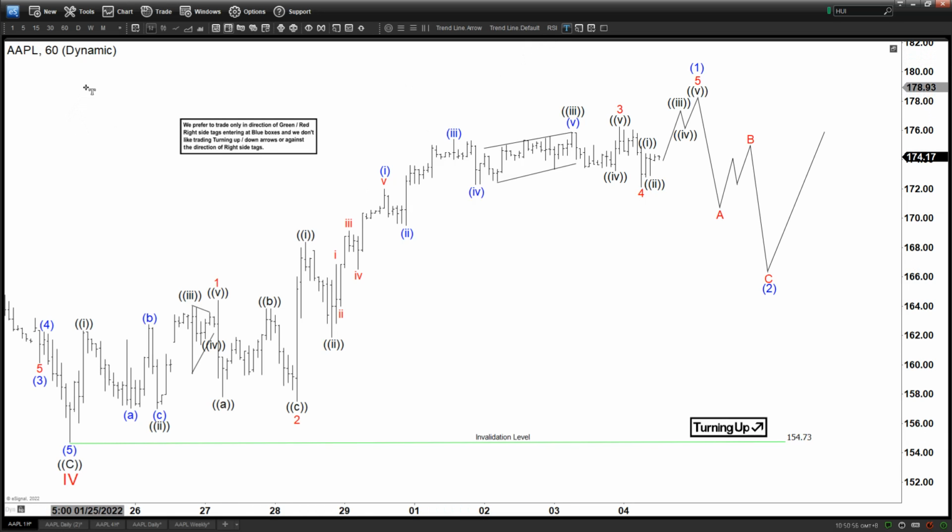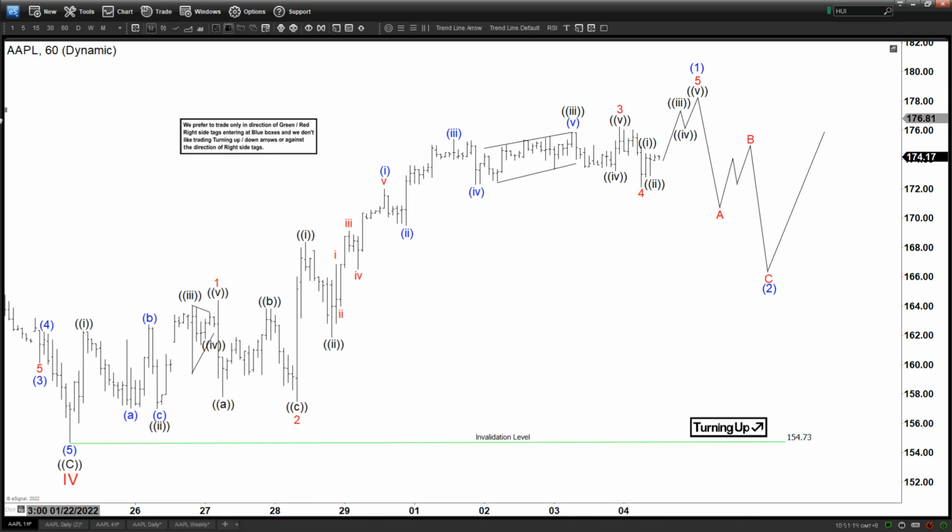So where we are is with 1 of 5, right? So I mean, if you want, you can color it so that it matches.